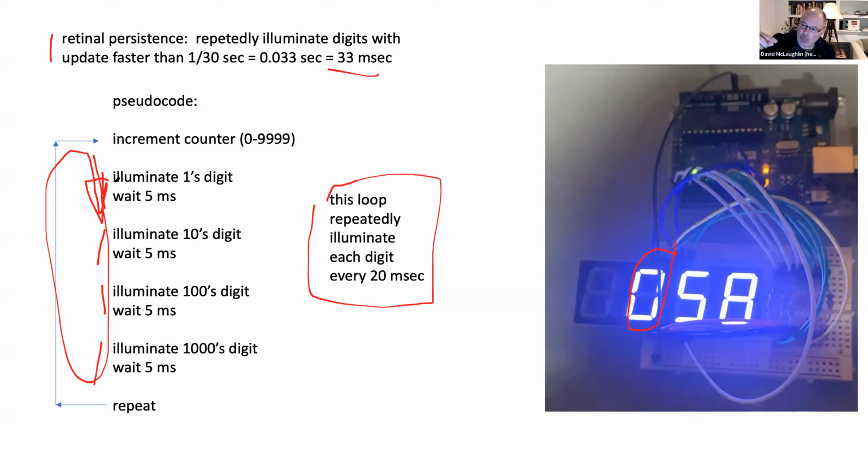So I have this inner loop, and I just keep running through that at 20 milliseconds, because I need to do that for this eye-brain thing to work. How many times do I do that? That depends on how slow I want the whole thing to be, and that depends on the numerator here, count time. The bigger I make count time, the more times we'll go through this inner loop. Now, there are other ways of doing this. You can use what are called interrupts, and we'll say a little bit about interrupts toward the later part of the course.